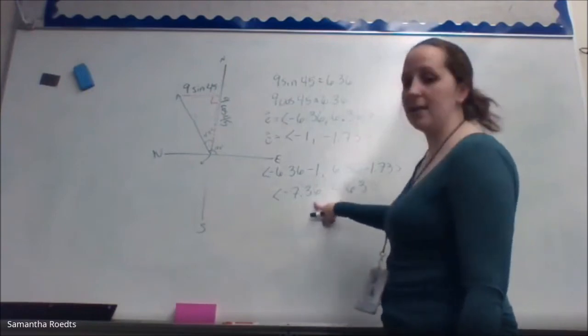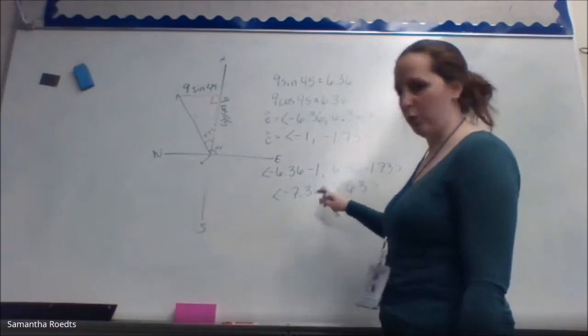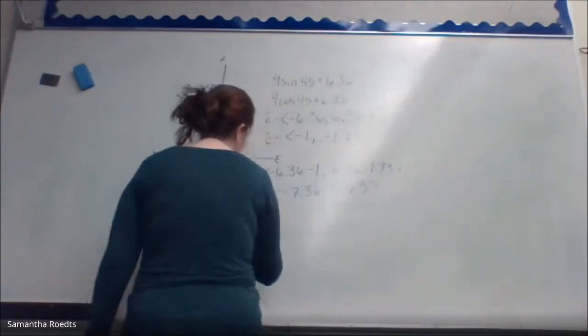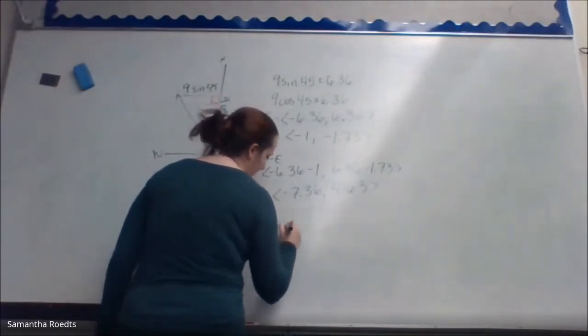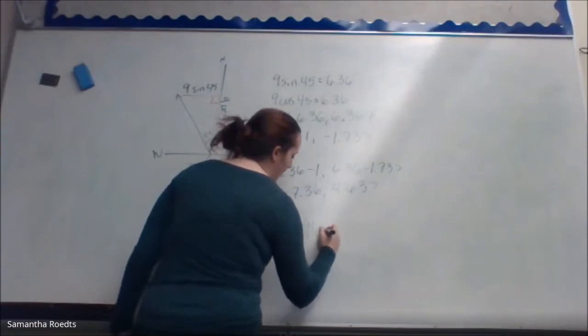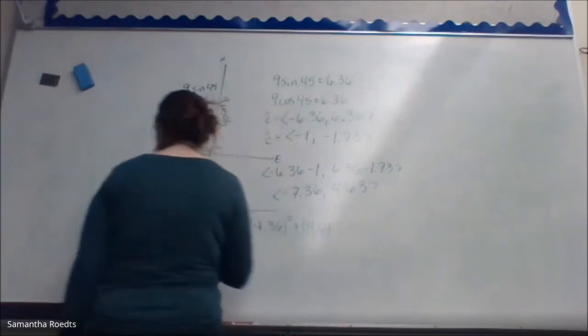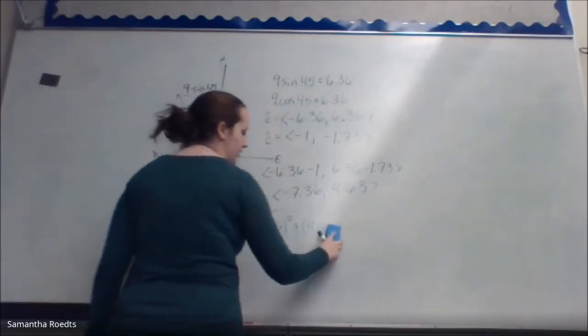Now I'm going to take these, I'm going to square them and then square root that. So I get the square root of negative 7.36 squared plus 4.63 squared.